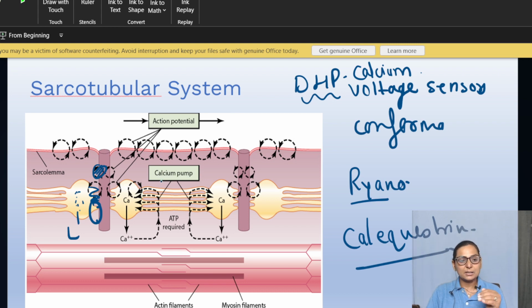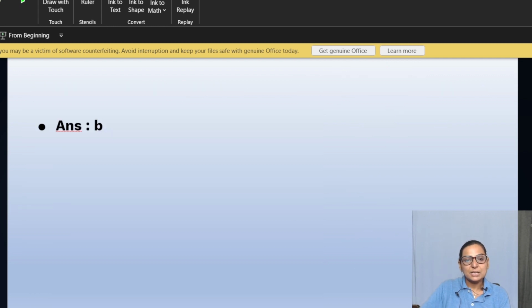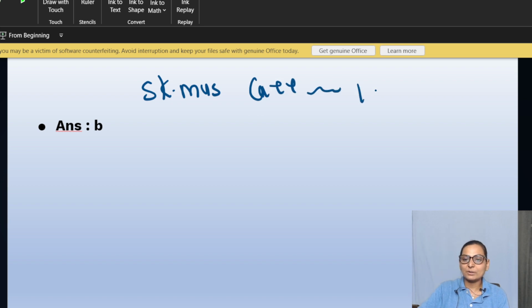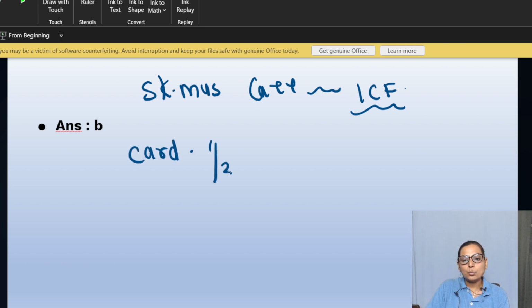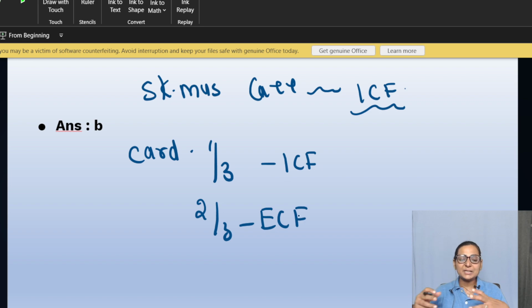So the voltage sensors are exclusively for your skeletal muscles, and calcium induced calcium release is mainly for your cardiac muscles. Remember that in the skeletal muscles, the calcium for muscle contraction is totally from the sarcoplasmic reticulum, that is from the ICF, whereas in the cardiac muscle, 1/3 of the calcium is from the ICF, but 2/3 is from the ECF. That means the calcium that comes from the T tubules allows more calcium to be released from the stored sarcoplasmic reticulum in cardiac muscles.